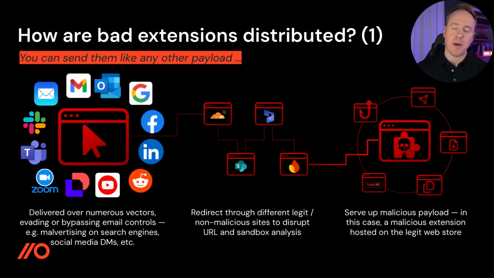That's one way, but we're seeing all kinds of different social engineering attacks coming certainly through email, but also via malicious advertising, social media DMs, in-app notifications, you name it. Oftentimes, these attack chains involve some sort of redirection through seemingly legitimate sites and services to then ultimately land on the distribution page for the malicious extension.